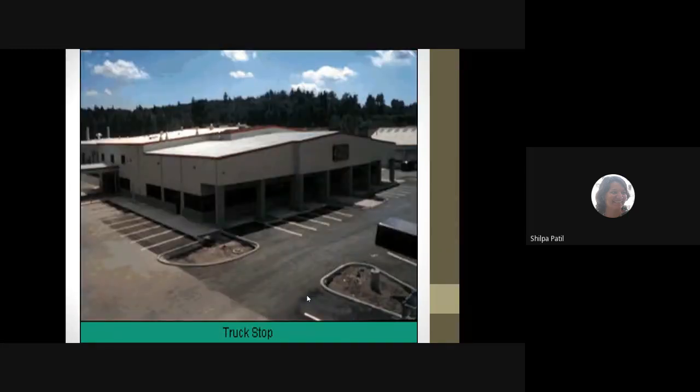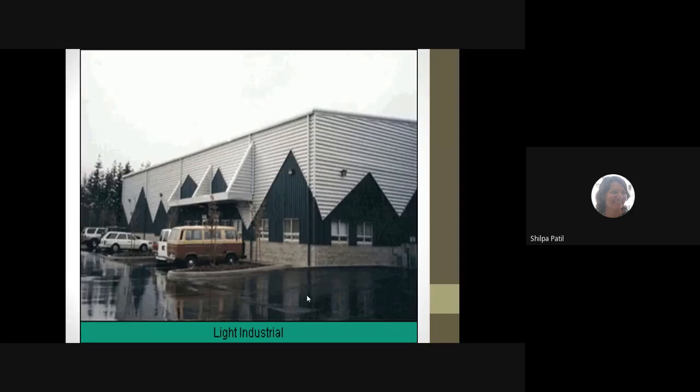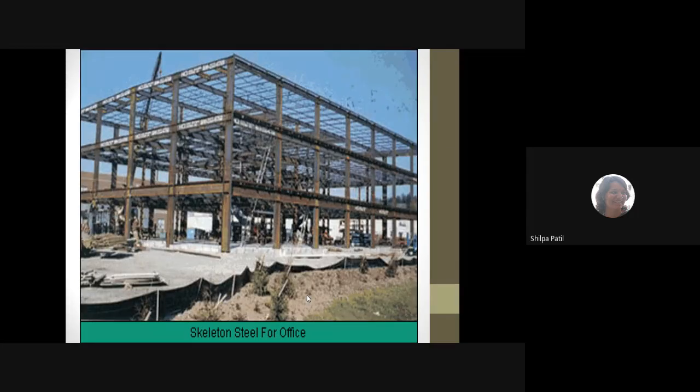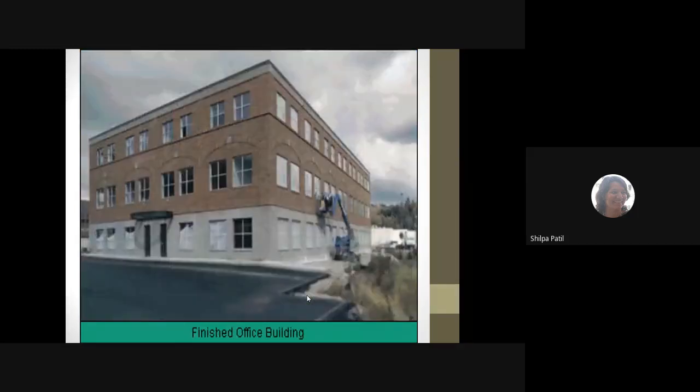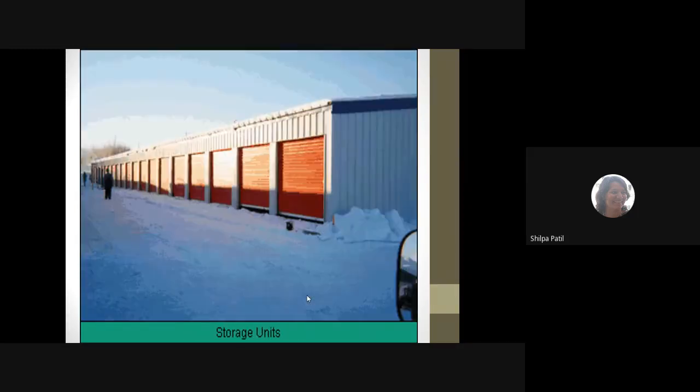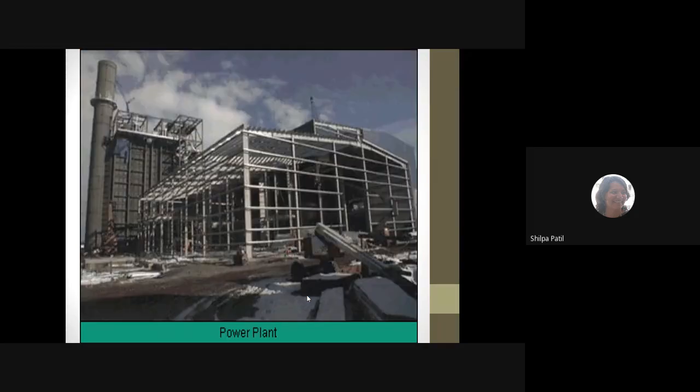So when we call any structure a steel structure, we are actually not using only steel for the construction. There is a combination of another material; the exterior covering of the entire structure is done by using a different material like concrete, or even steel also.